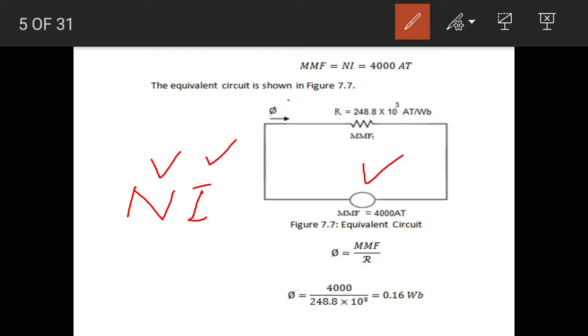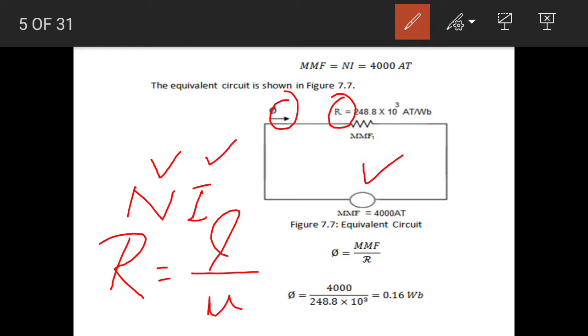The magnetic flux is represented by phi Weber, and we know that this magnetic flux is analogous to current in the electrical circuit. So this magnetic flux will circulate in this simple magnetic circuit, and the reluctance of this material is represented by R. We know that the reluctance depends upon the length of this material, which is basically the mean length, the permeability of this material, and the cross-sectional area of this material.